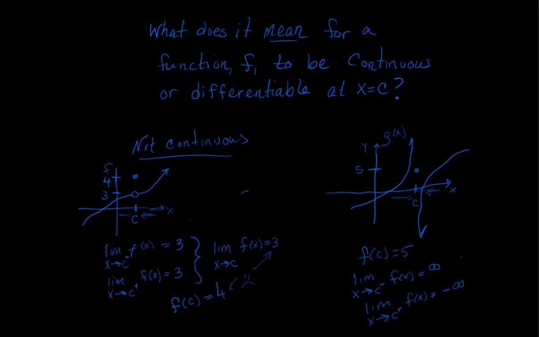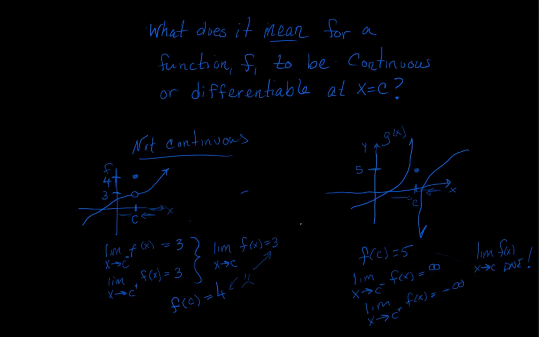Since these are not the same, we have to conclude that the limit as x approaches c from any direction does not exist. And since this limit does not exist, it certainly does not equal 5. And since these are not the same, this is not the graph of a continuous function.